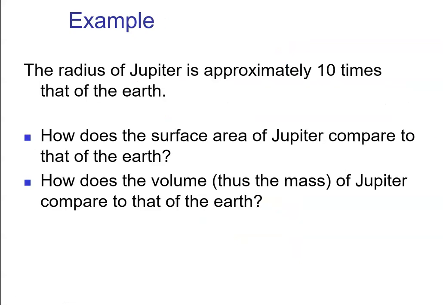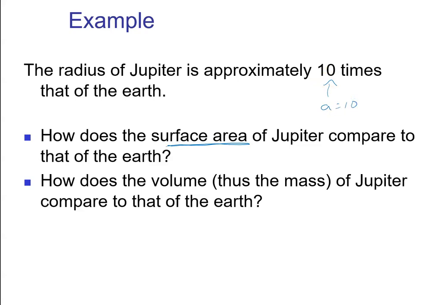Okay, another example here. The radius of Jupiter is approximately 10 times that of Earth. So, part 1: how does the surface area of Jupiter compare to that of Earth? Well, this is really telling you your scale factor is 10.